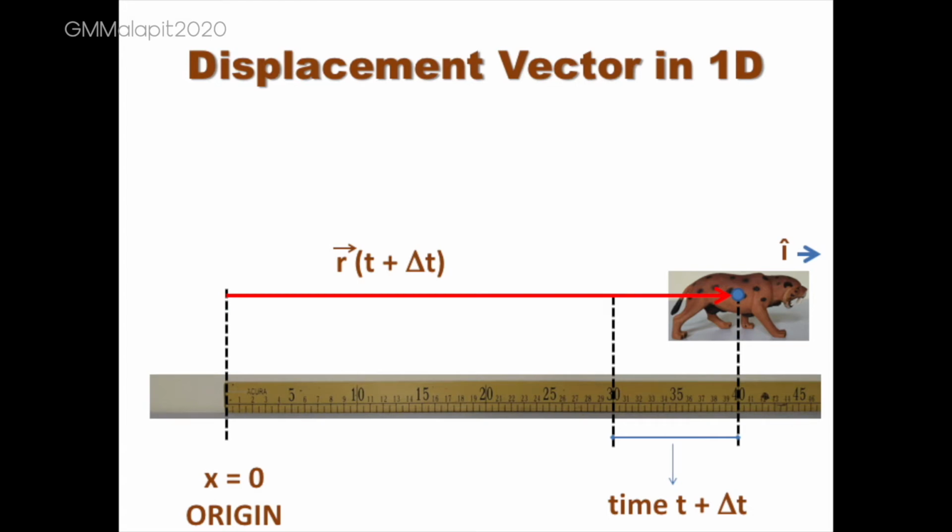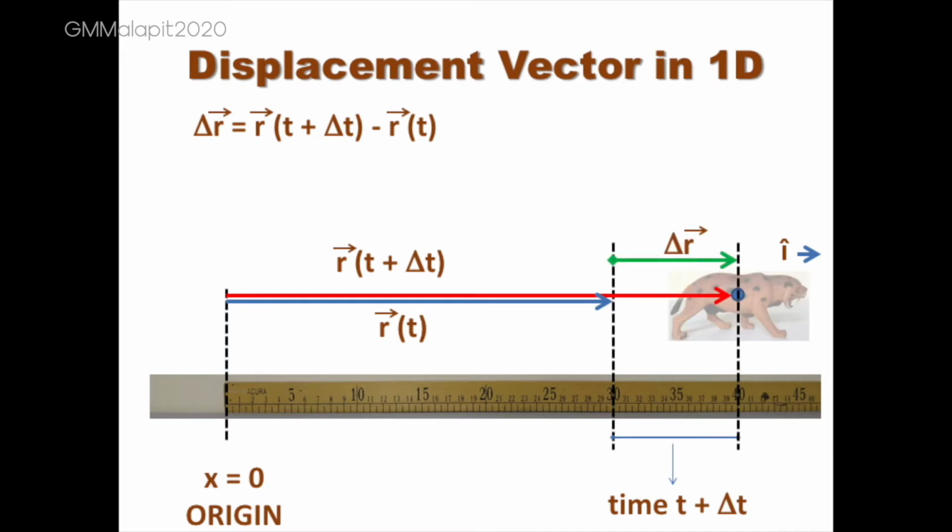The displacement vector is denoted by delta r, which is equal to the position vector r of t plus delta t minus r of t. The green arrow in the figure is the representation of the displacement vector, which is also equal to x of t plus delta t minus x of t, i hat.